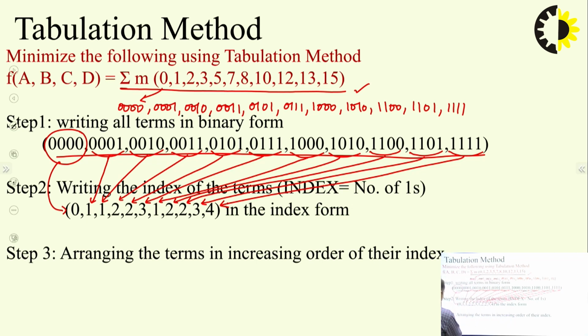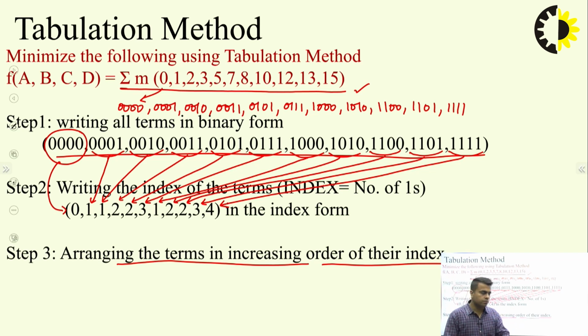Then the next step is arranging these terms in increasing order of their index, which means we will be sorting these terms. The first term appearing is the one having the minimum index. In this case, we have the term with index 0, so 0 appears first in the sequence.